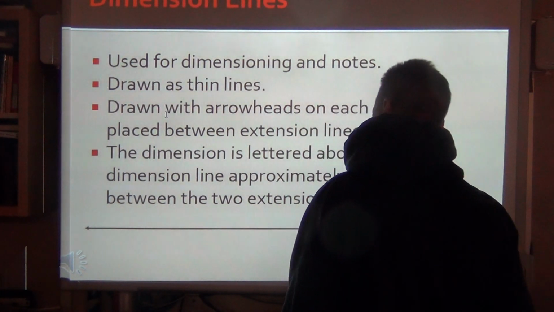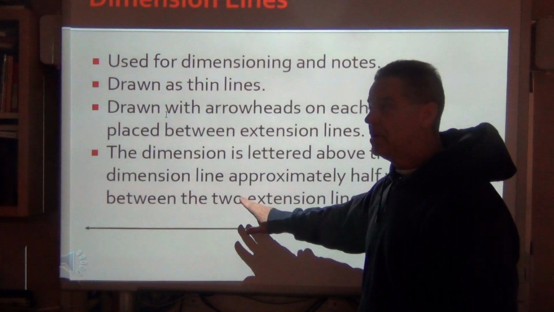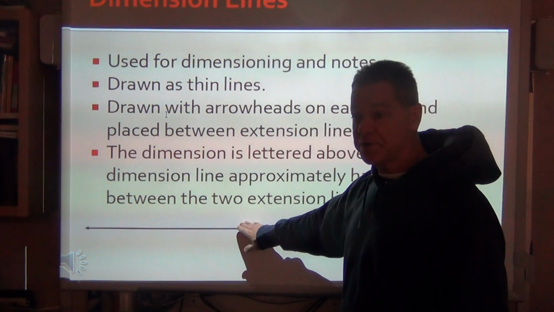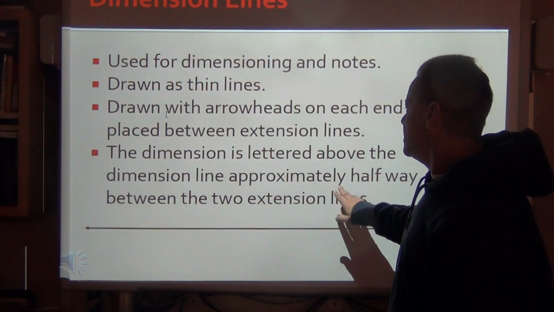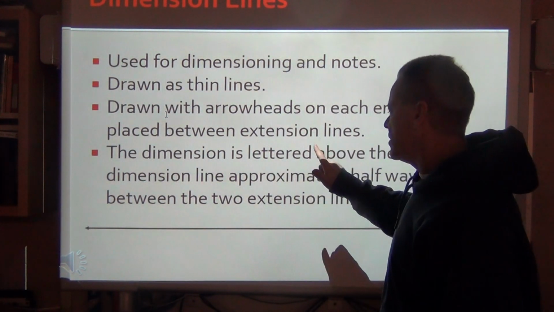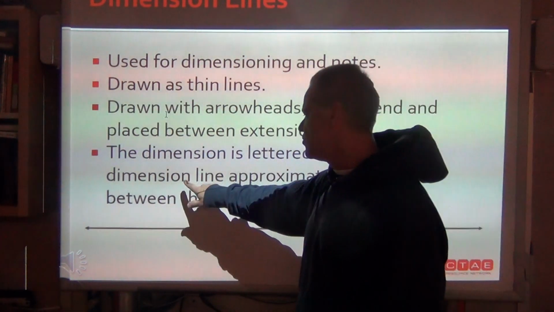Dimension lines, they're again probably the same weight as the extension lines. I'm sorry, same weight as the center lines. Okay, and now it depends on what kind of drawing you're doing. I would suggest that lettered above the line is not the way we're going to do it.